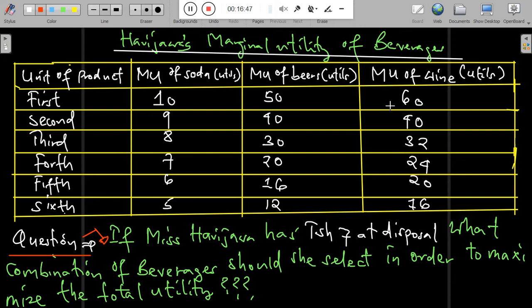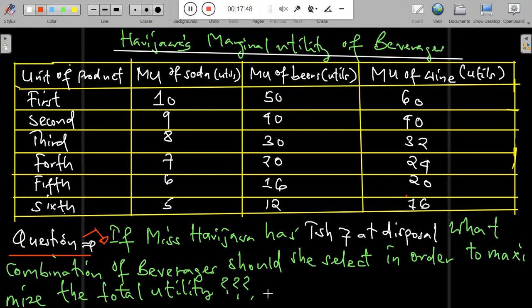Now suppose the question requires: if Ms. Avijaya has 7 Tanzanian shillings at her disposal, what combination of beverages should she select in order to maximize total utility?